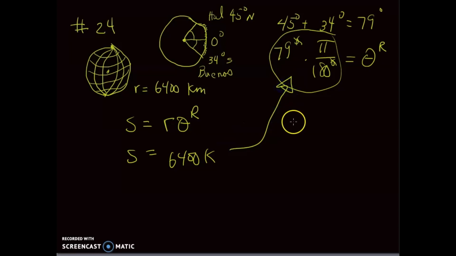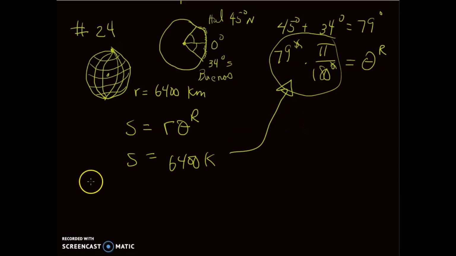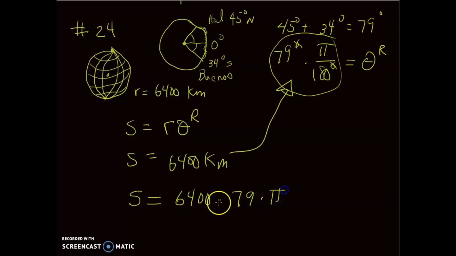But we're going to run out of time here in just 2 seconds. So this is the third part of Trig 3.2, applications of radian measure. I wanted to finish this one just to make sure that you didn't think that this is how you could turn in a problem. So this is kilometers. If we take the 6,400 times the 79 times pi, divided by 180, what do we get?